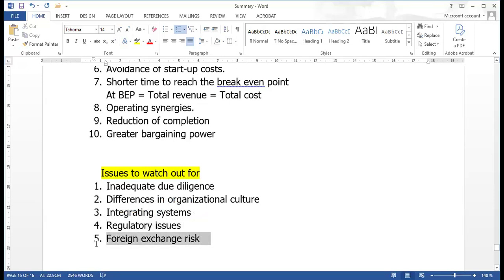Then also there is a foreign exchange risk. You need to watch out on that because this is Uganda and Tanzania, so you need to think about changes in exchange rates. All those may reduce the buyer's earnings if it is through acquisition.